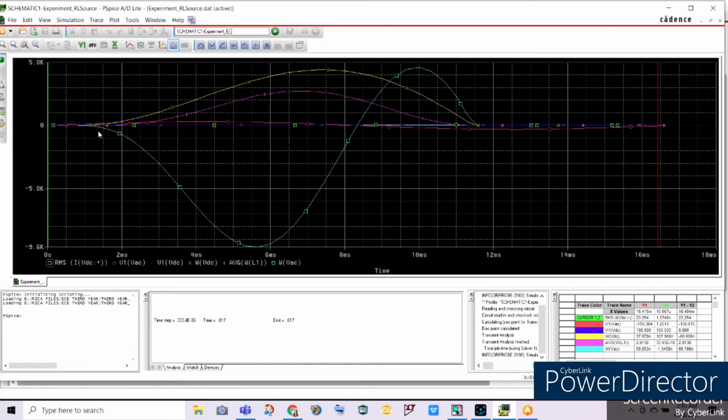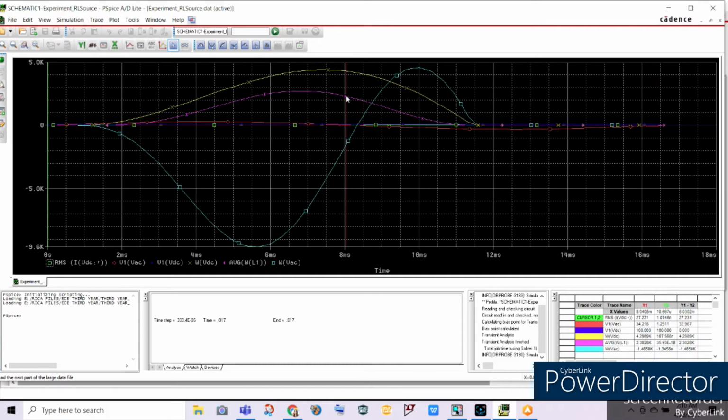As you can see, they all landed on the same specific point or period of time on our graph, meaning the power supplied by our voltage AC source is equal to the power absorbed by our inductor and the power absorbed by our DC voltage source.